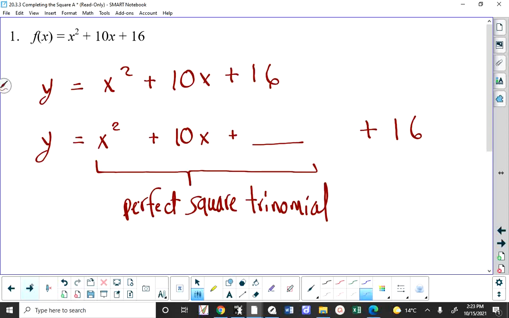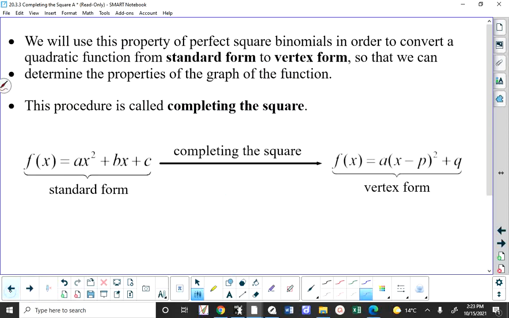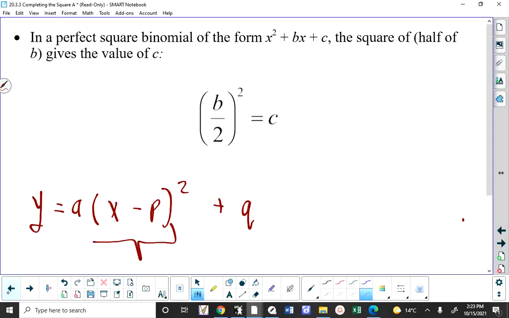It's half of b squared. This is what we just learned. This is the most important thing so far. The number c that you add on the end to x squared plus bx to make it a perfect square trinomial is found by taking b, dividing it by 2, and then squaring it.